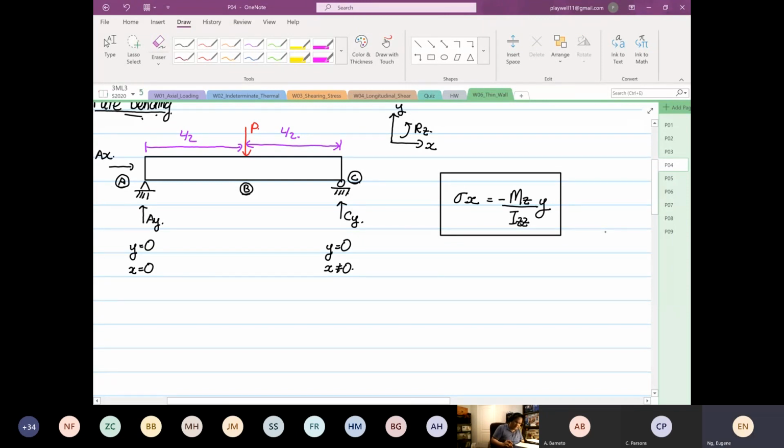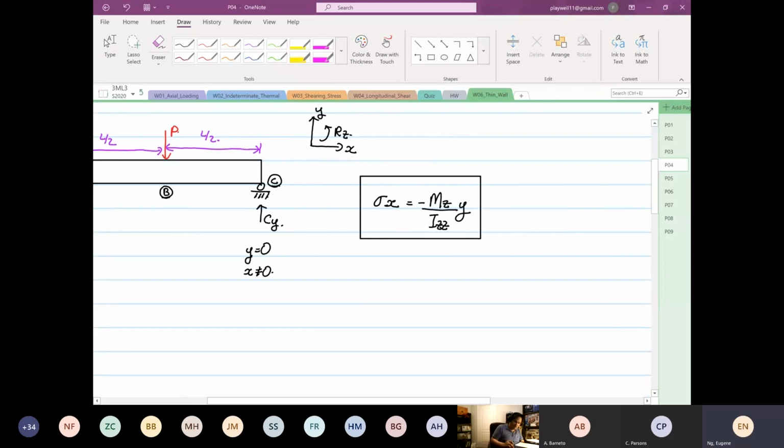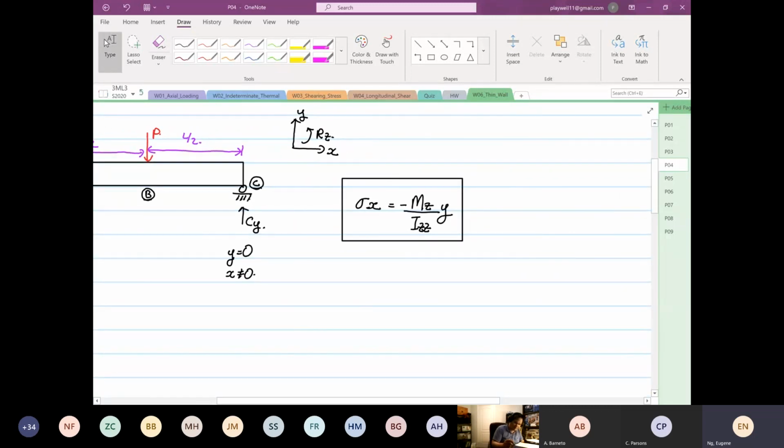So if you look at shearing, remember we just came back from shear. When it's shear in the xy direction, for example, this will be equal to what? Vy over Izz, Qz, t divided by t.